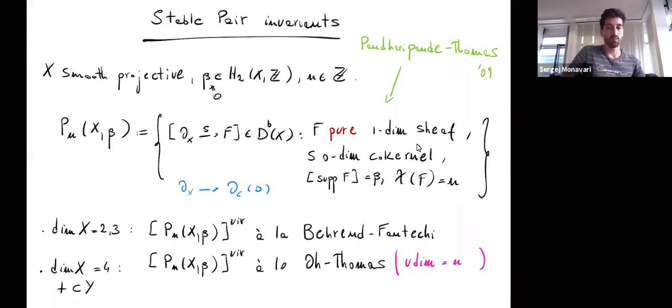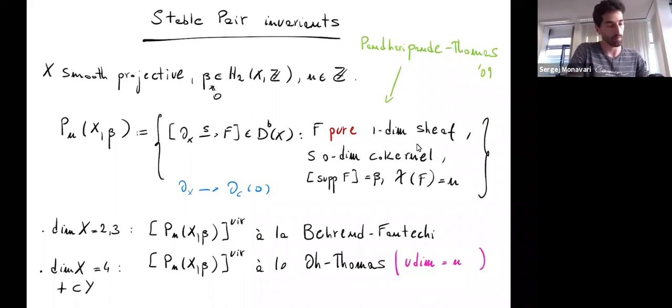These moduli spaces have been studied a lot, especially in dimension 2 and 3, because they give very nice geometric interpretations of many problems in enumerative geometry. In dimension 2 and 3, sometimes it's smooth and sometimes it is not, but still you have two pieces controlling the deformation theory, so you can use the Behrend-Fantechi construction. In dimension 4, you have to require the Calabi-Yau condition.